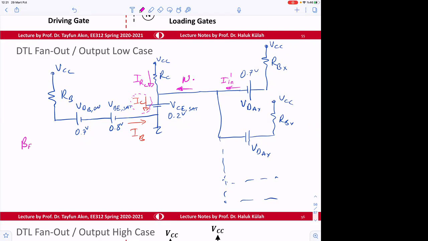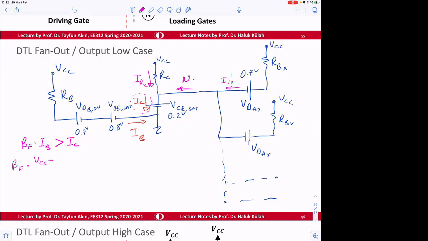So for SAT, beta F times I base should be larger than IC. At the worst case or maximum case, it will be equal to, but this is what we should say. So beta F times I base. What is I base?